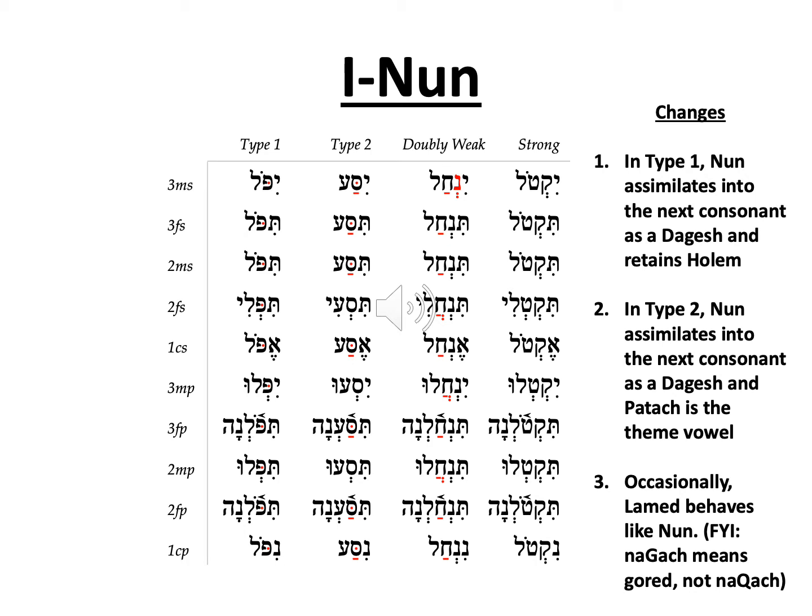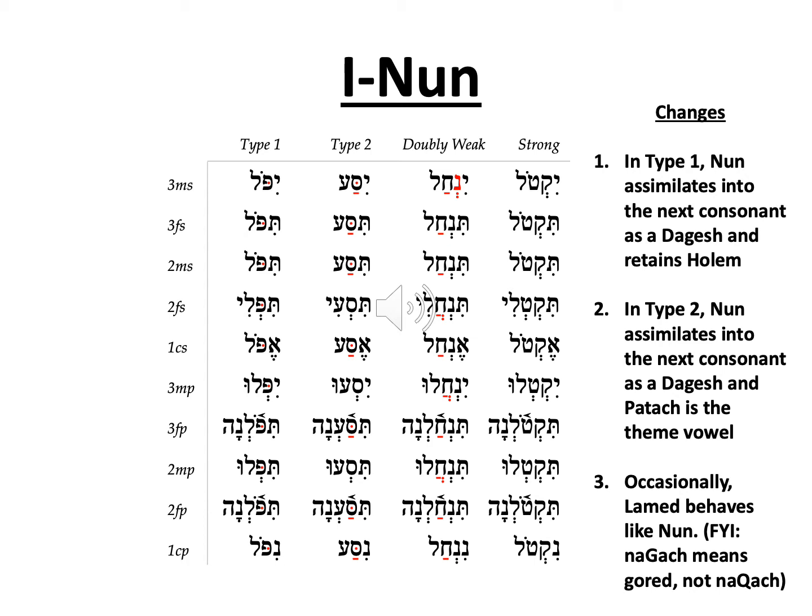When the middle letter is a guttural and the first letter is a nun, the nun cannot assimilate into the second root letter because gutturals do not take dagesh forte, in which case the nun will remain. Occasionally, lamed will act the same way.